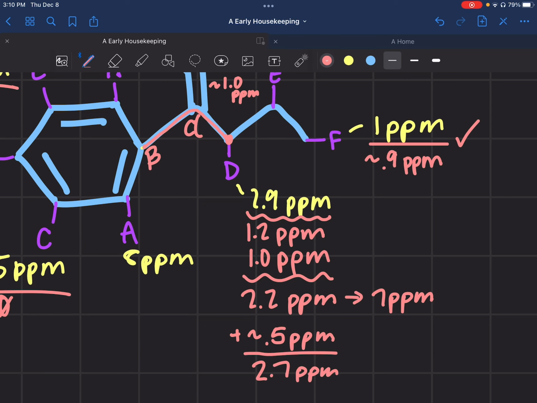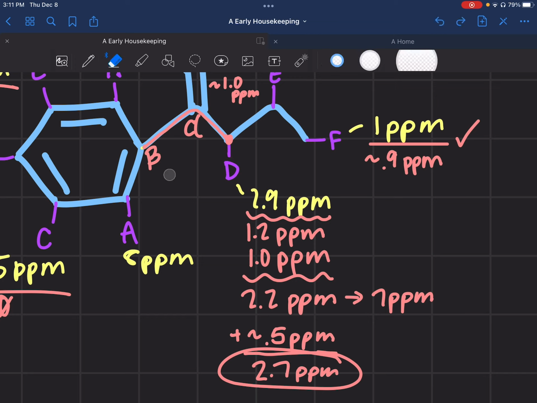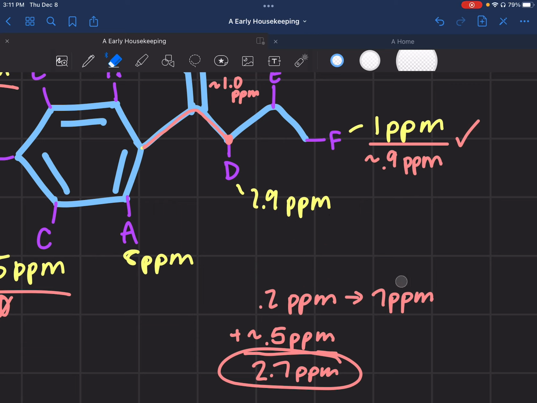I'm going to reiterate one more time, these are not exact values. It's not perfectly pinpoint precise, but we had a value of 2.9 and we were able to rationalize a 2.7. So what we decided for D is going to be in the right place. It is beta to the benzene ring and it is alpha to the carbonyl. So this one feels good.